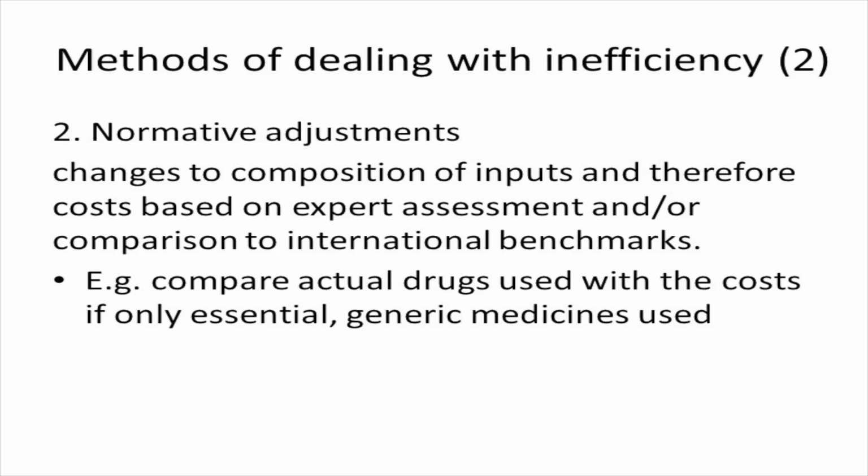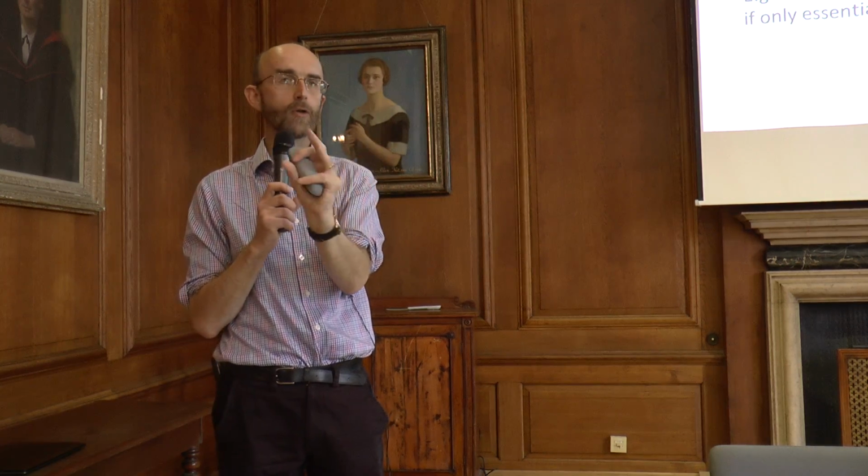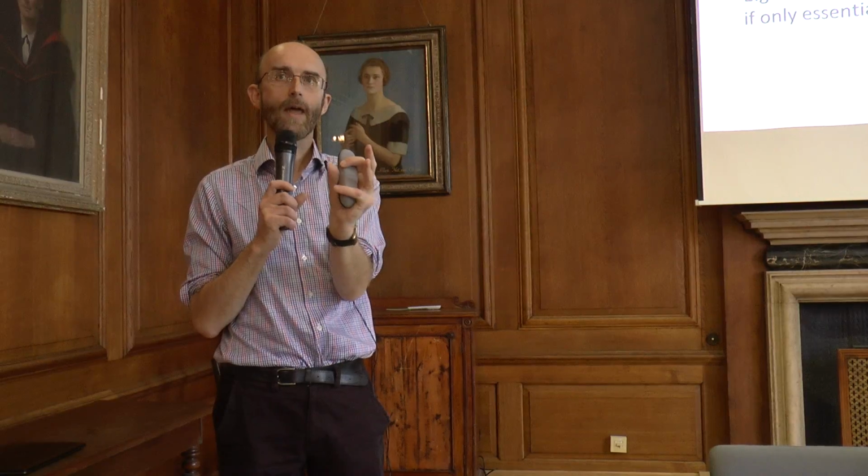So the second way of dealing with inefficiency is to look in detail at the content of what individual facilities are doing, and to make what I call normative adjustments. So look at how a particular service is provided in the field, and then consult with experts about how that service should be provided if it was done based on the best evidence or the best protocols, and alter the inputs and therefore the costs accordingly.